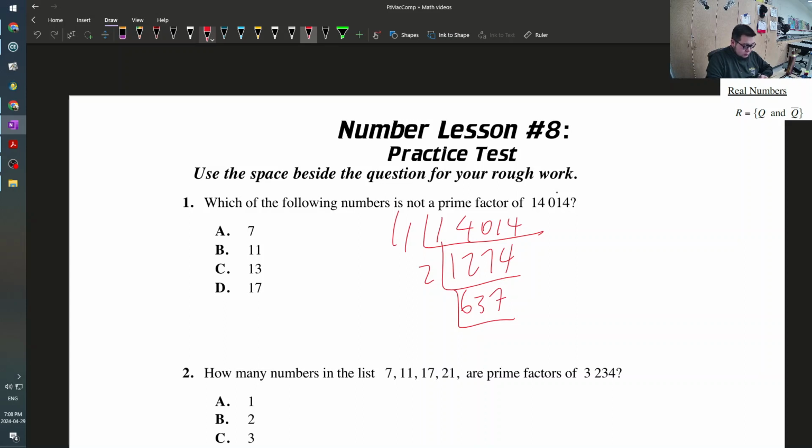Divided by 17. 637 divided by 7 equals 91. 91 divided by 13 is equal to 7. Okay, so 11, that's a 7 by the way. 11, 7, and 13 are all prime factors. 17 is not. So the answer is D.